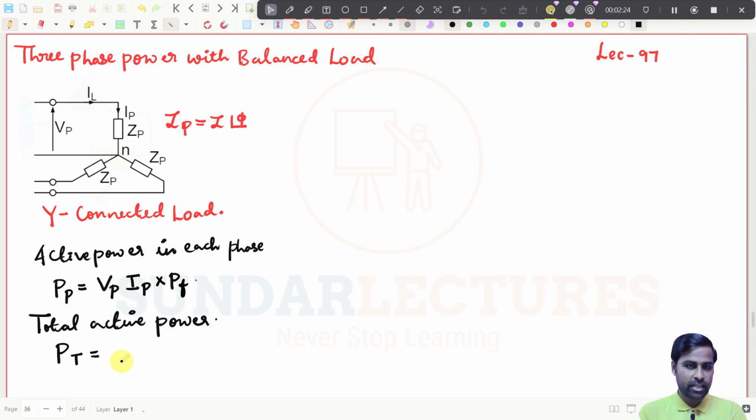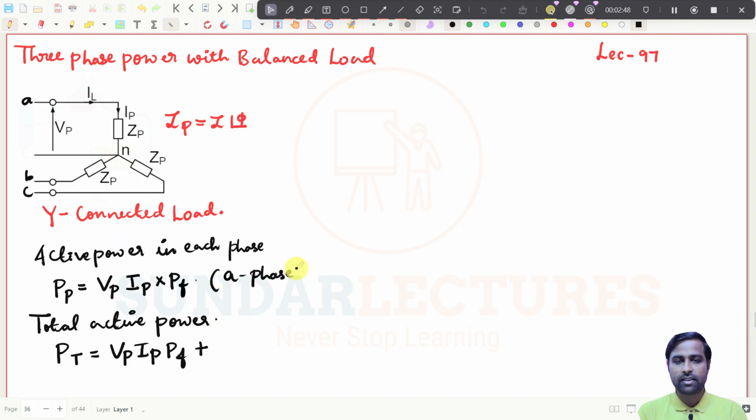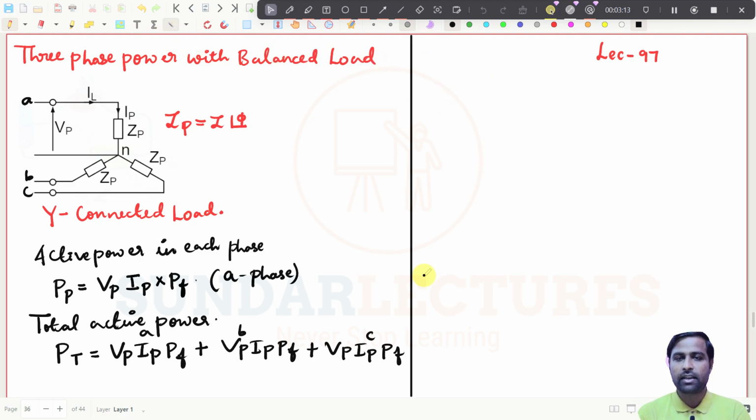You will get VP IP power factor for A phase, plus VP IP power factor for B phase, plus VP IP power factor for C phase. So you get three times this value.